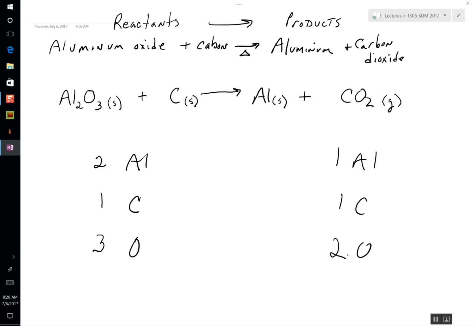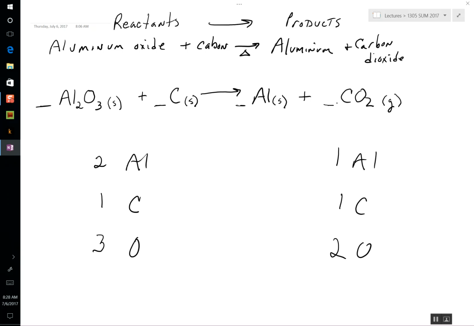Well, you can look at that and say, okay, that's in balance. That isn't out of balance. That isn't in balance. The only way I can balance this is with coefficients. Okay, here's another good solid rule. Never change a formula. Don't change a formula to get it balanced.